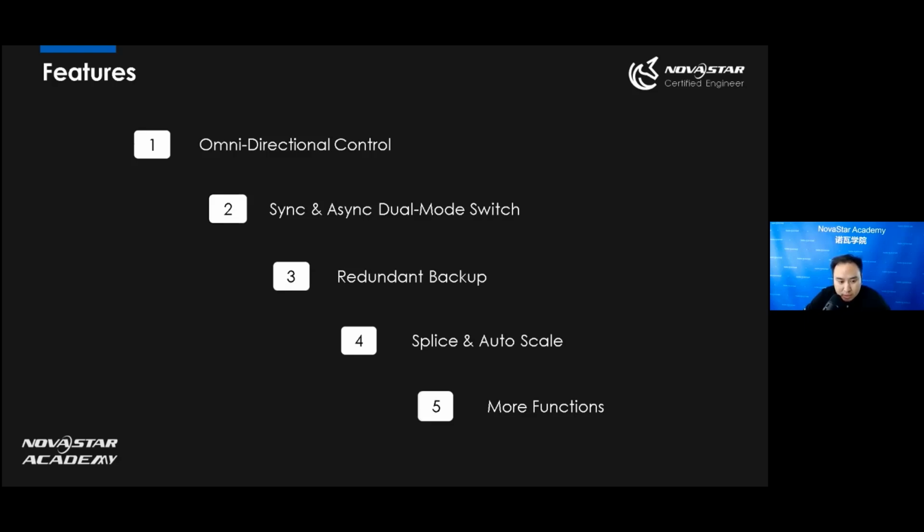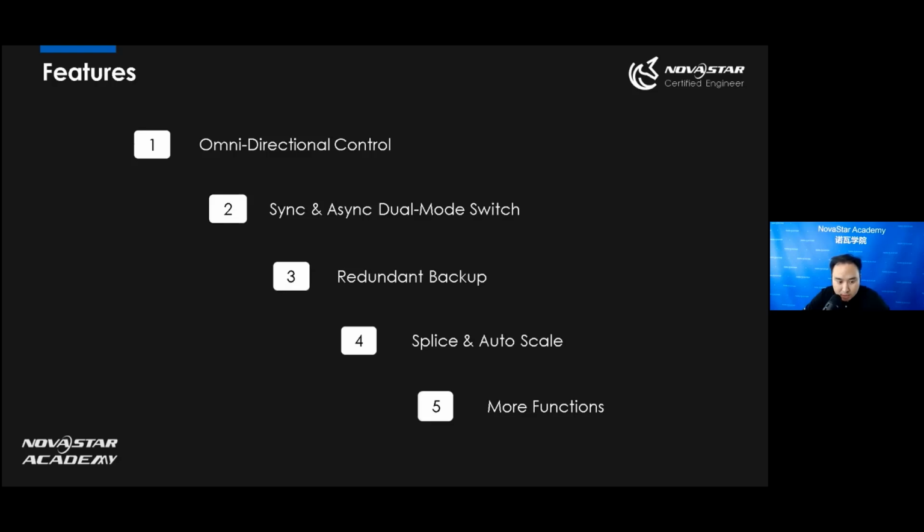The second one is the SIC and ASIC dual mode switch, which means the Taurus series cards can support SIC. SIC means it can support the HDMI input, and the ASIC mode means it can display the internal video or image.